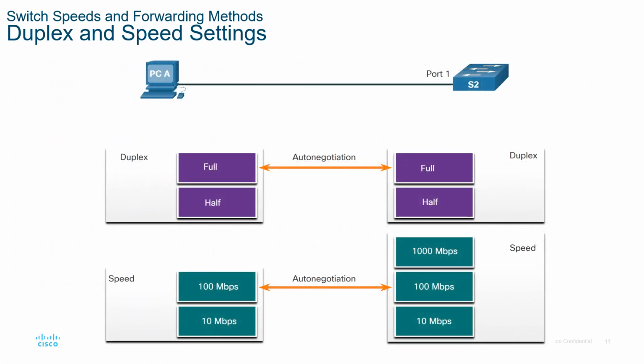For example, in the diagram, when PCA supports both full and half, it will negotiate the best duplex method. For the speed, a port can offer up to 1000 megabits per second, but PCA only offers up to 100 megabits per second. So auto negotiation will negotiate the best speed for both, which is 100 megabits per second.